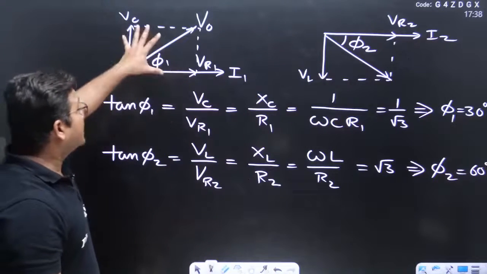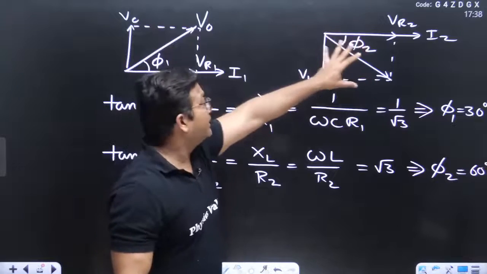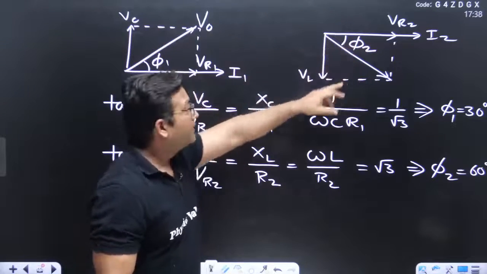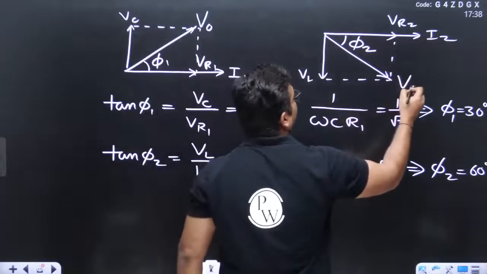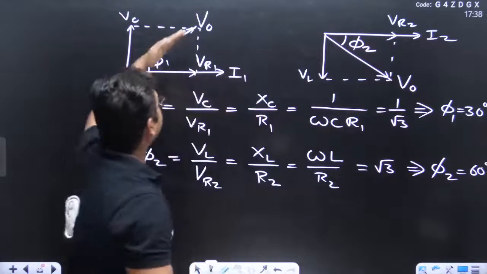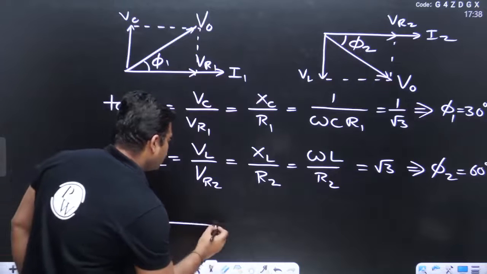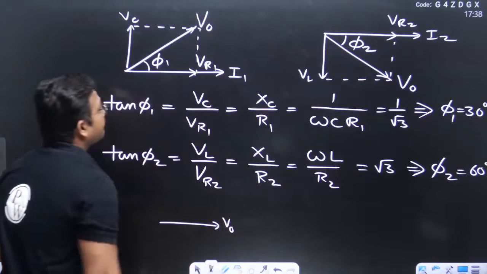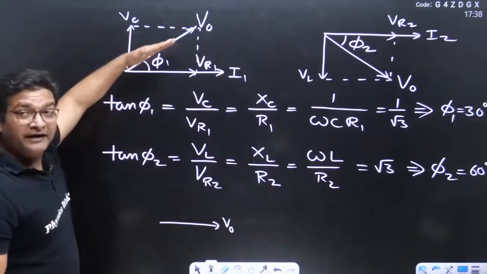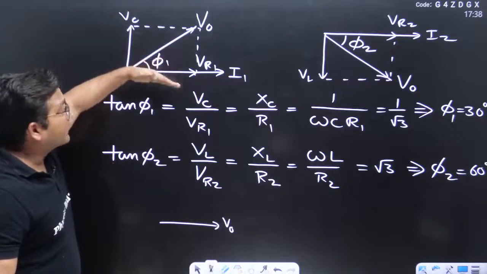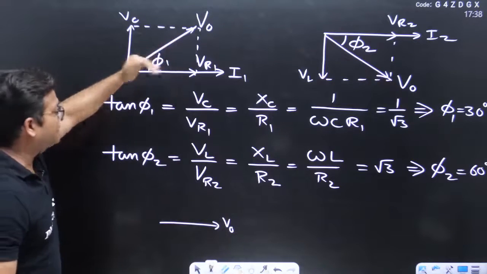Now if we merge these two, can you see in these two diagrams, V0 is a common voltage, a common phasor. This V0 and this V0 is the same. So let us first draw V0. Then I1 can be drawn 30 degrees lagging with respect to V0.